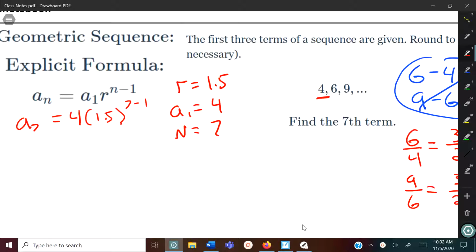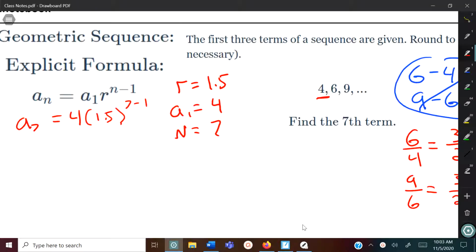So a sub 7 is equal to 4 times 1.5 raised to 7 minus 1. If you wanted to, you could say 7 minus 1 is 6 and put 6, but I recommend just keeping everything straight and typing the whole thing in.